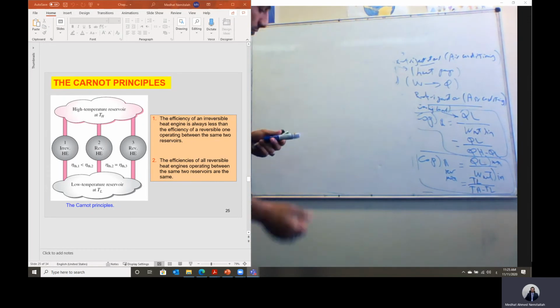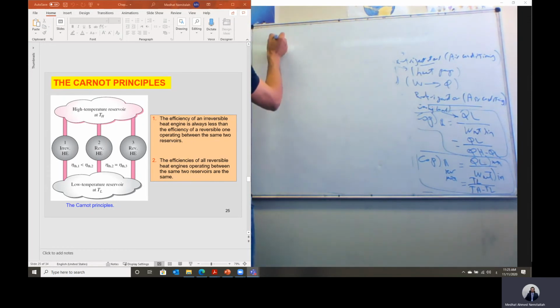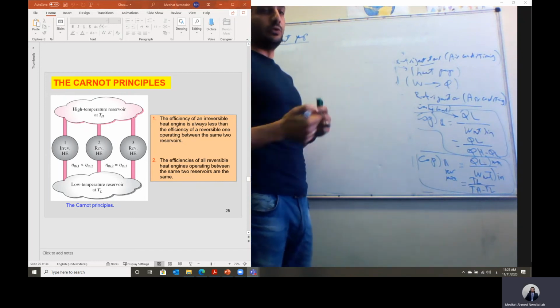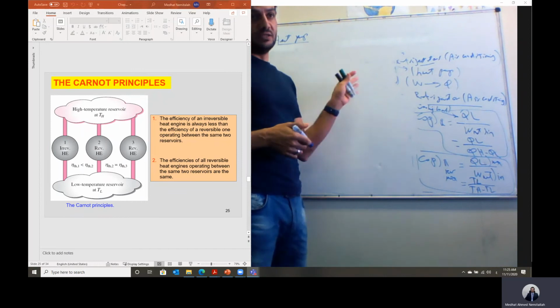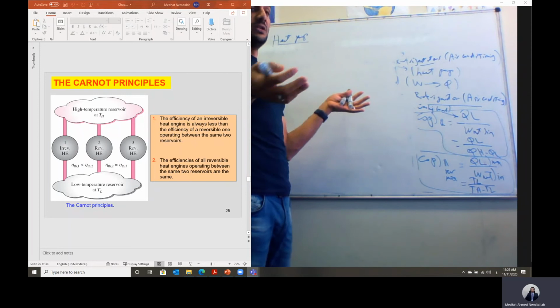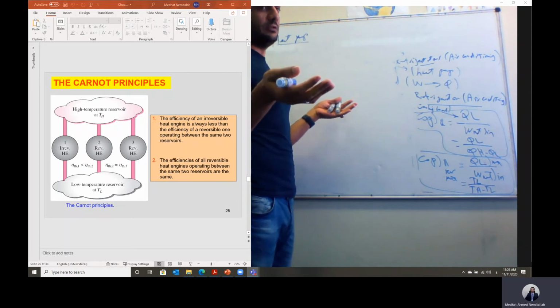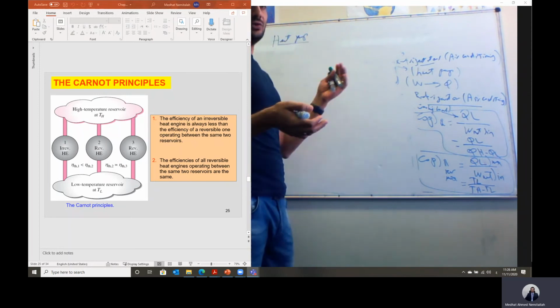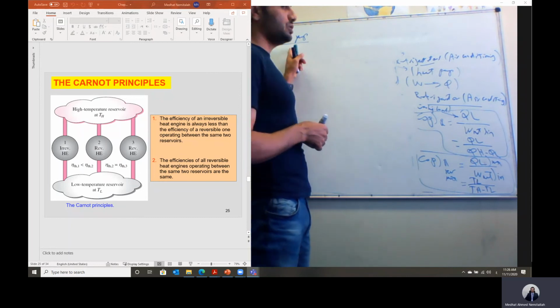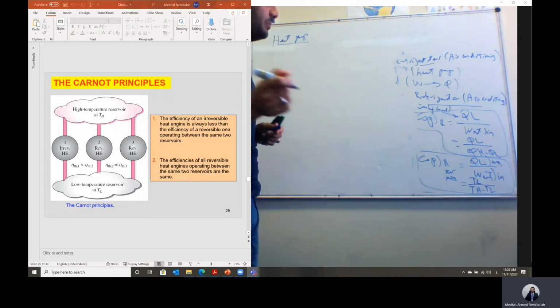The heat pump is actually an air conditioning system, but we flip it to have the condenser inside and the evaporator outside. Like when we are in the winter, we absorb heat from outside. The evaporator will be outside to absorb heat from the outside air, and then it rejects the heat to the room inside to heat it up. So we call the air conditioning system in this case a heat pump.